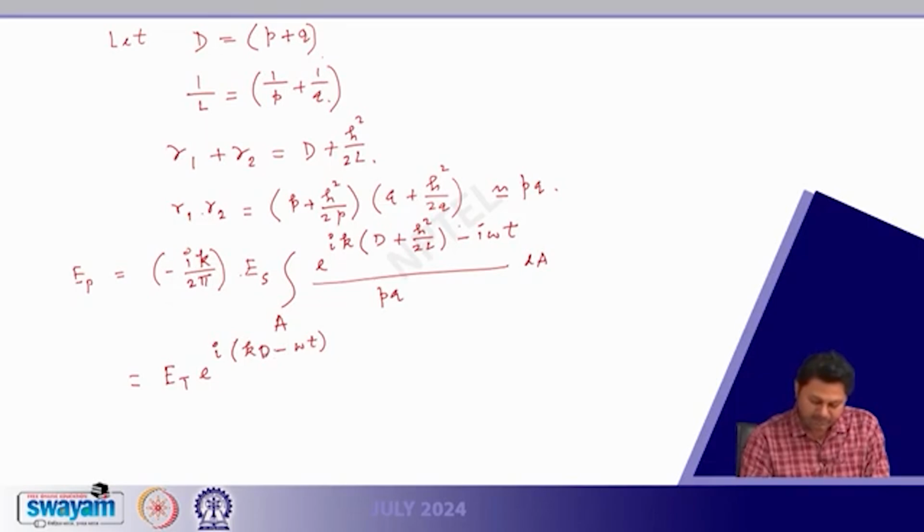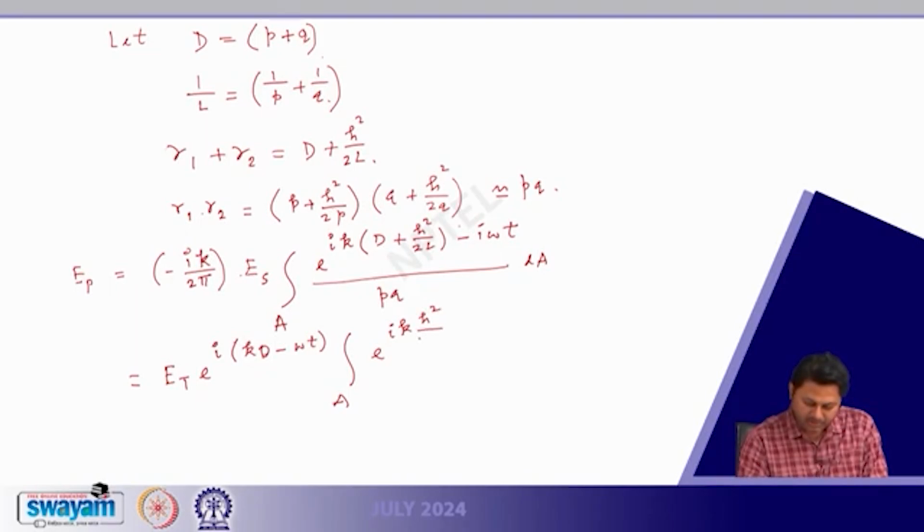In the integral, the only term that is there is e to the power of I k h square divided by 2l dA.